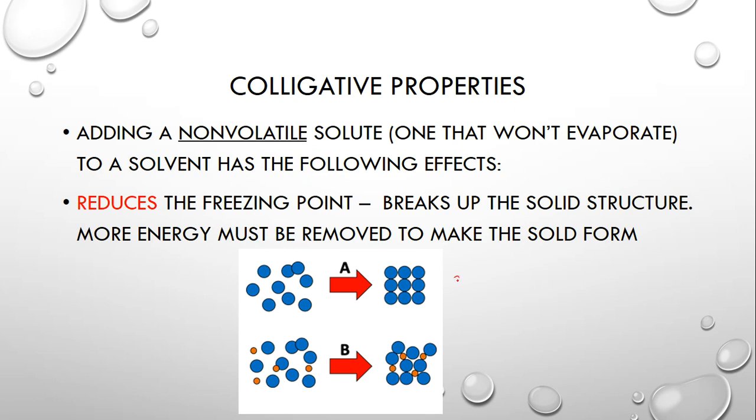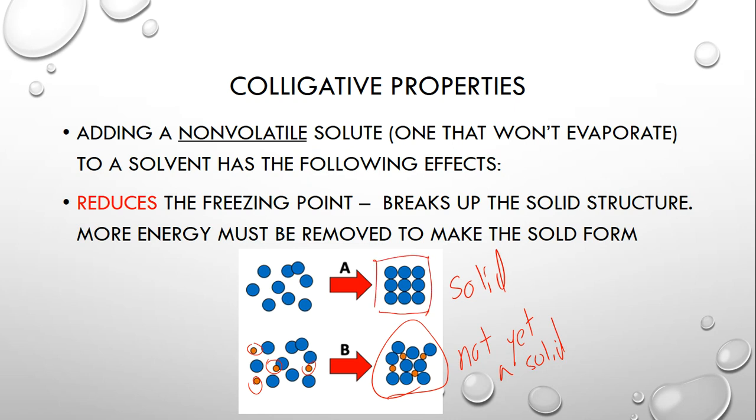So this is a nice solid here, and this is sort of not yet there. Not yet a solid. So it needs more energy removed, more things to slow down so that they can become a solid. And that's why we salt the roads in the winter. By putting these salt things in the road, they dissolve in the water, and now it's harder for the water to form its perfect little solid lattice.